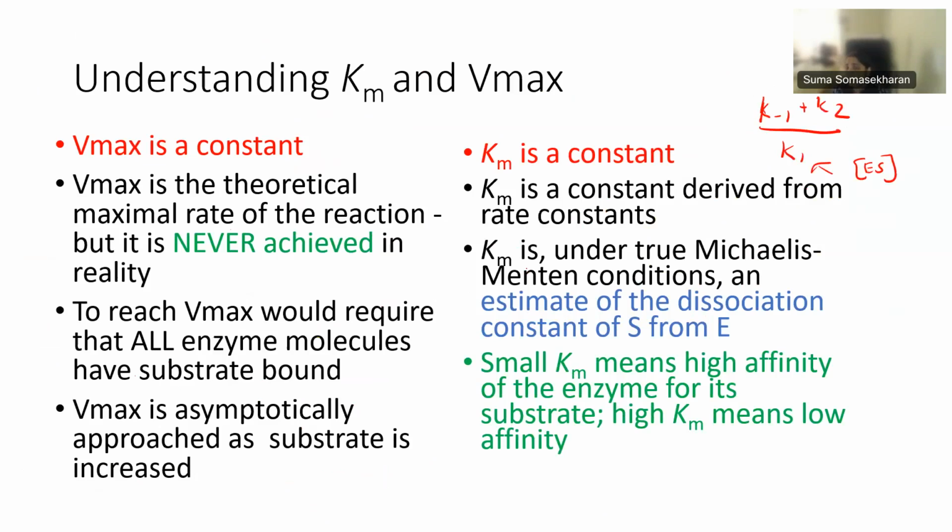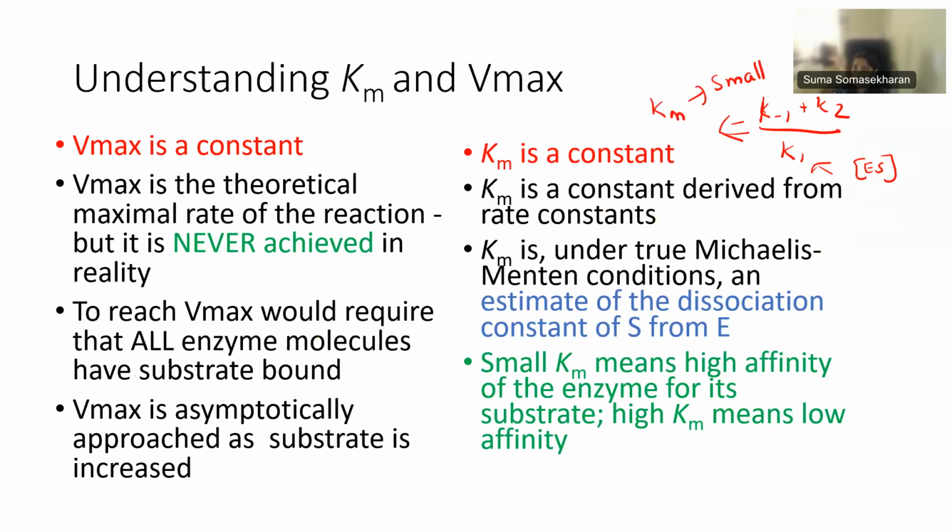So if the rate of formation of the enzyme substrate complex is very, very high, if this value of K1 is much higher than the rate of breakdown of the enzyme substrate complex, then the value of Km is going to be small.